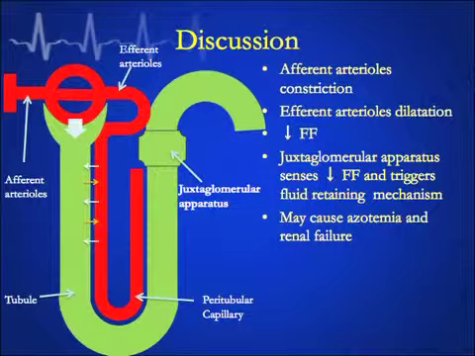If this is constricted and that's dilated, there will be less filtration here. So whatever fluid or salts you get into the proximal part of your nephrons get absorbed again, and there will be less salt and fluid in this area. So the juxtaglomerular apparatus senses dehydration, and they cause release of a lot of renin.